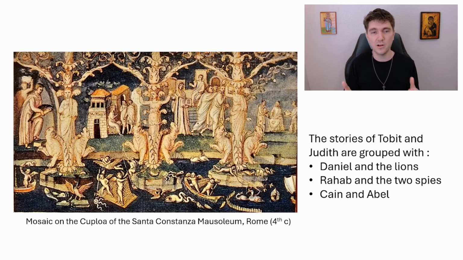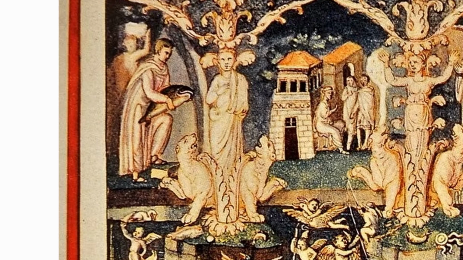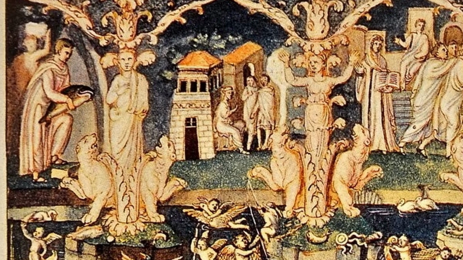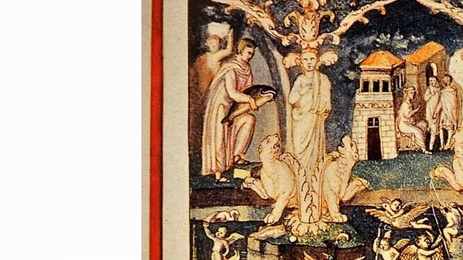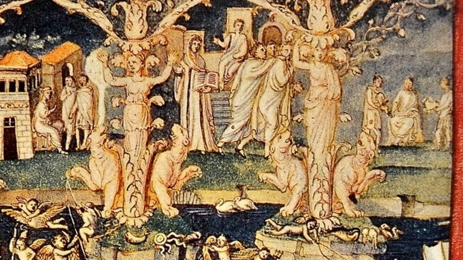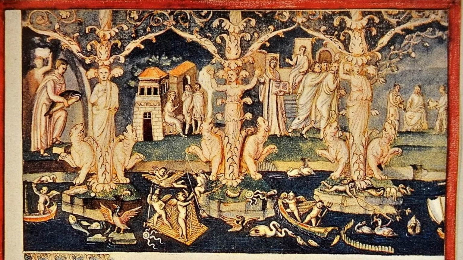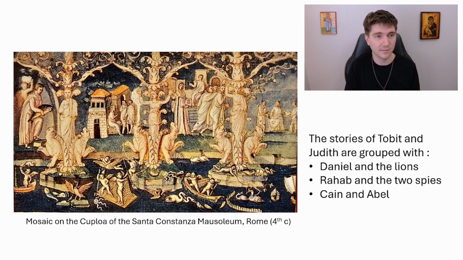And this is what one artist at the time copied down from that cupola, from that dome. And he shows Daniel and the lions on here, Rahab with the 2 spies, Cain and Abel, and along with these biblical stories is Tobit and the fish, and Susanna and Daniel and the elders, and all within the same artistic array, showing these scenes presented as biblical stories.